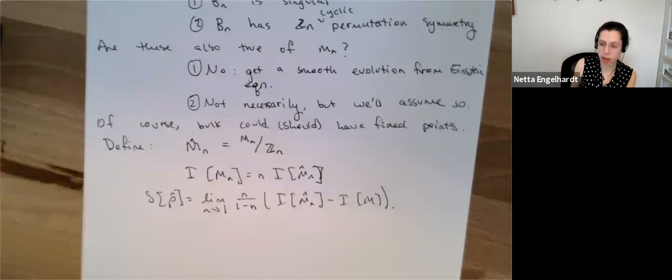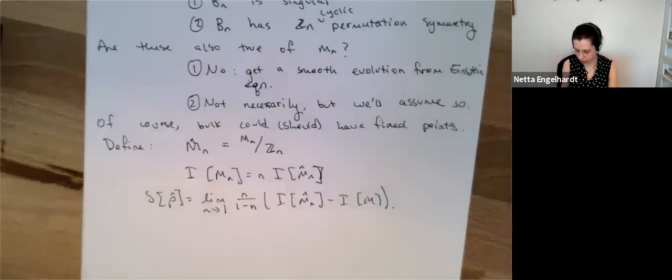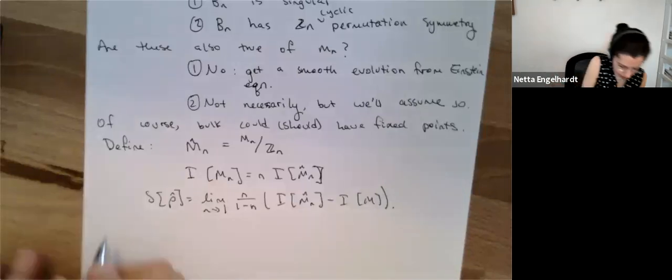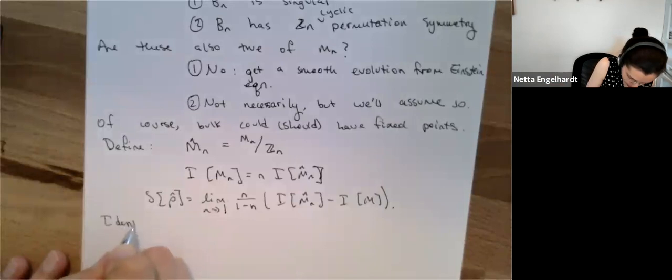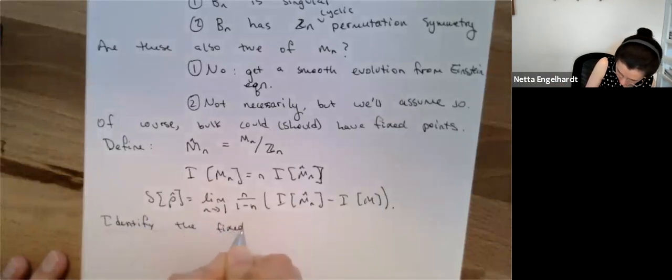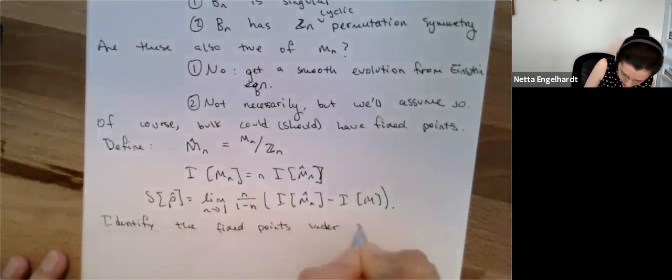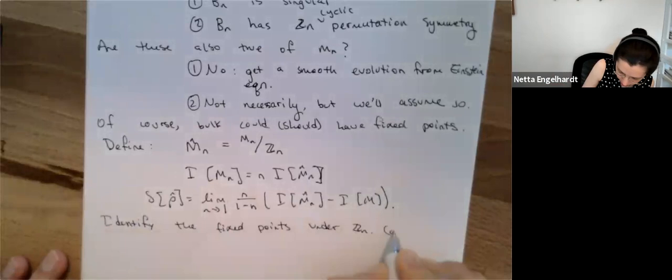Now, I'm not going to go into nitty-gritty details, but I want to sketch out what's happening here. What we do is identify the fixed points in M hat. First we identify the fixed points under Zn. Call this Xn.